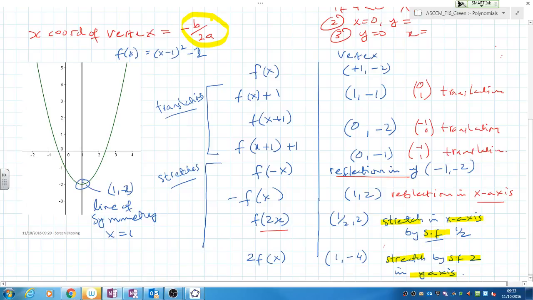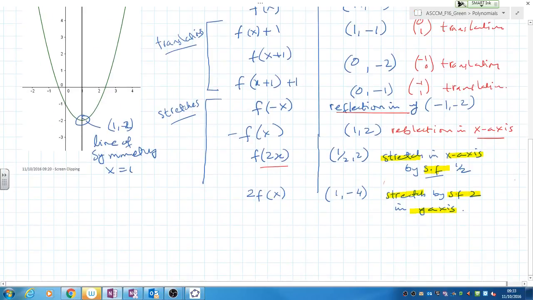Alright, so for the moment what we could do is take it as a general rule that when you've got a number inside the bracket, whether it's a 2 over here or it's a plus 1 over here, then it does the opposite operation. So rather than stretch it by 2, it's going to stretch it by a half.